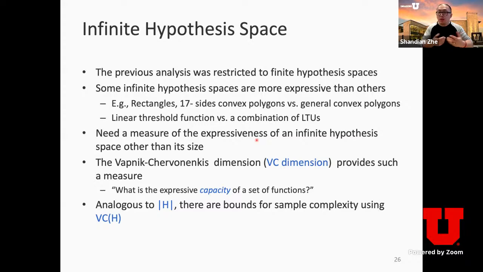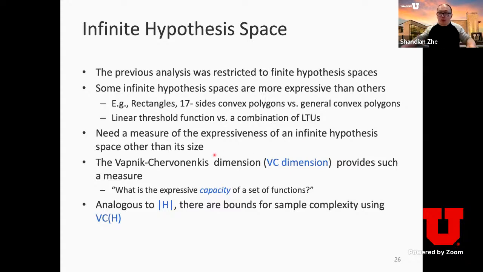We need some kind of bound. To do so, obviously we cannot just take the logarithm of the size of the hypothesis space. That is not meaningful. So we need a new measure that can reflect the expressiveness of an infinite hypothesis space, other than its size.